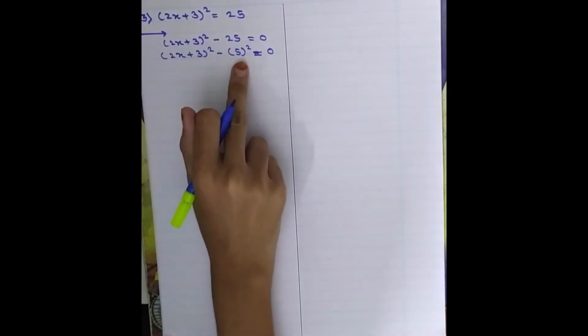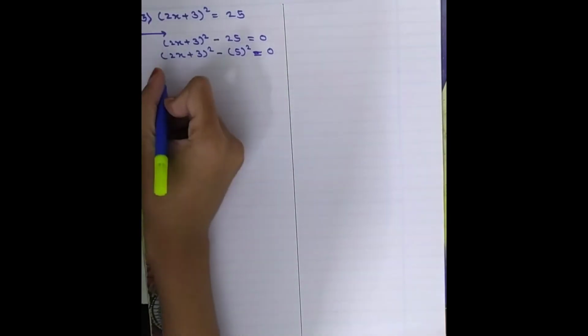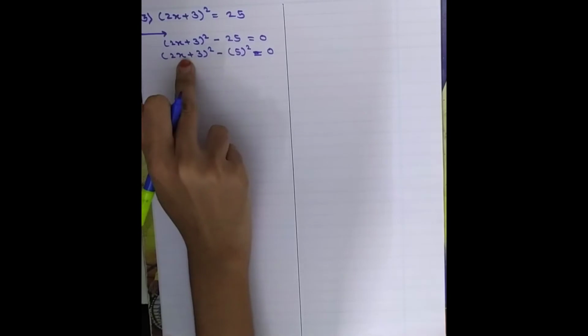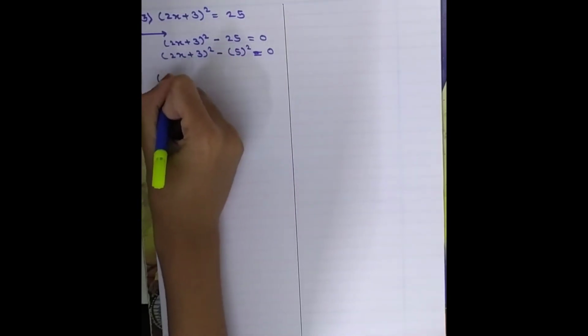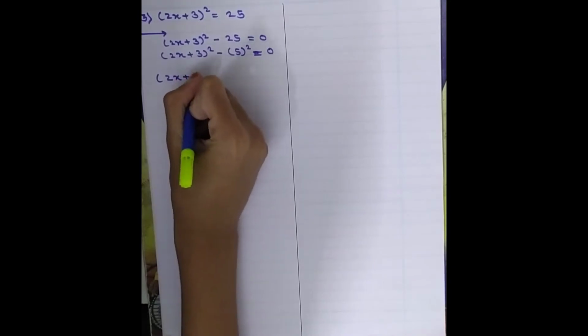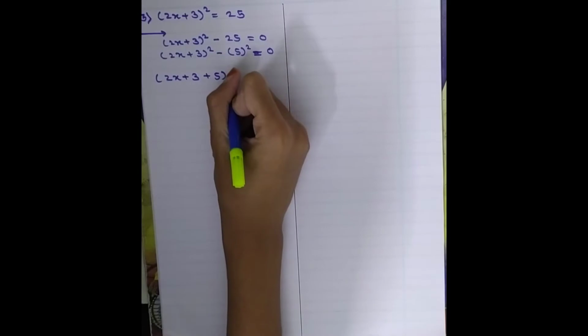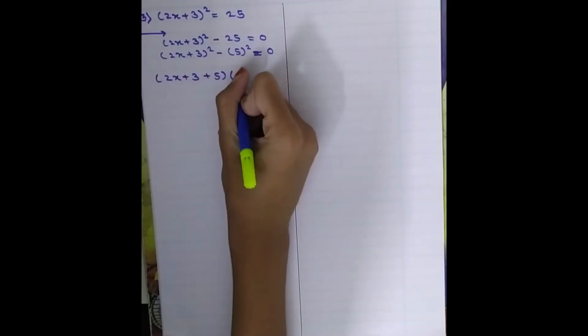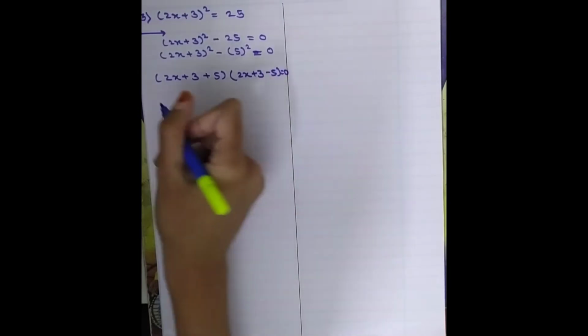So a square minus b square is equal to a plus b and a minus b. So apply it here. First write a plus b, so 2x plus 3 plus 5, and a minus b, so 2x plus 3 minus 5 is equal to 0.